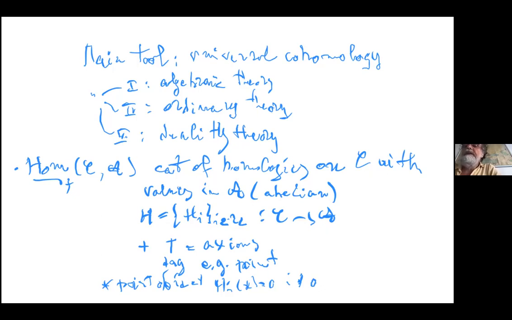For abelian, you would like to have exact functors between abelian categories, and you can make a 2-functor of the cohomologies. Of course, this is not enough.